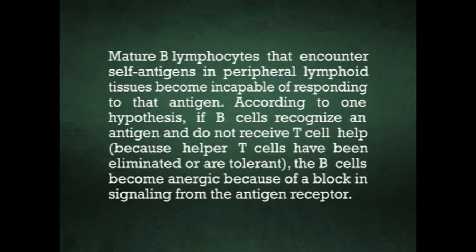According to one hypothesis, if B cells recognize an antigen and do not receive T cell help because helper T cells have been eliminated or are tolerant, the B cells become anergic because of a block in signaling from the antigen receptor. Anergic B cells may leave lymphoid follicles and are subsequently excluded from the follicles. These excluded B cells may die because they do not receive necessary survival stimuli.